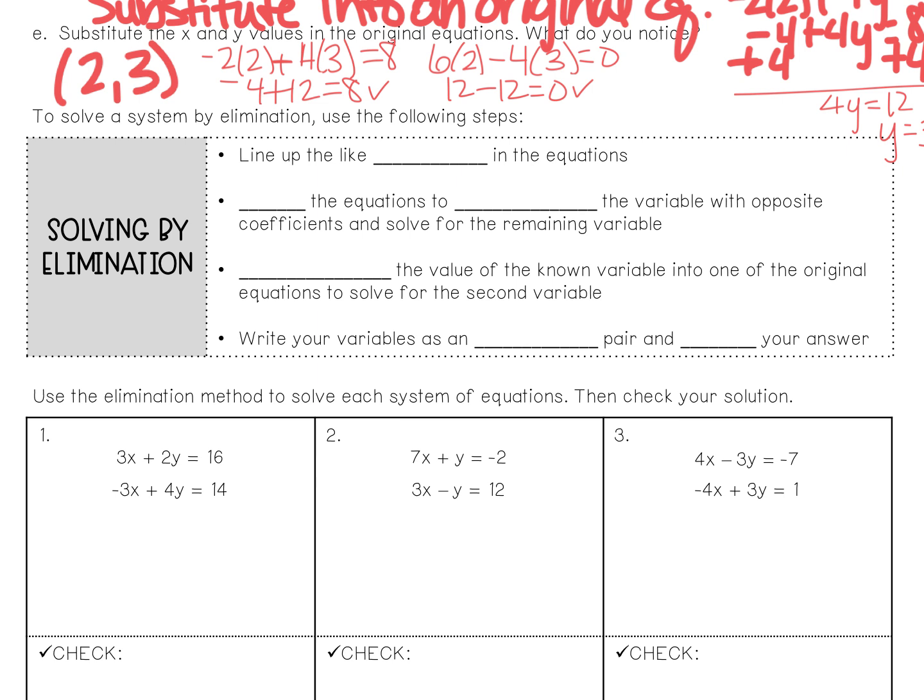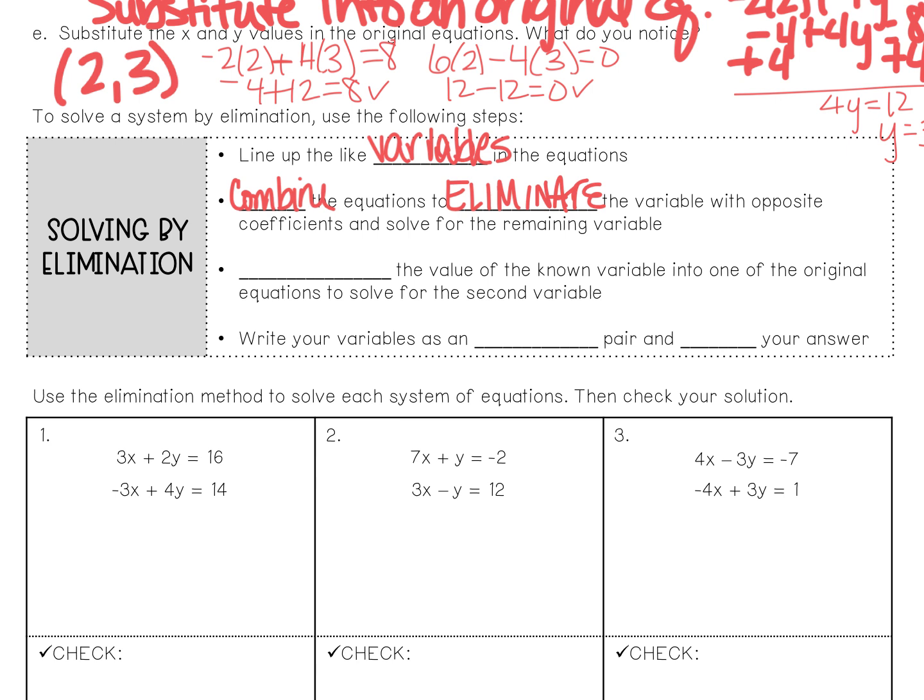So in order to do elimination, we are going to line up our like variables. If they don't already line up, we're going to need to make them line up. We're going to combine, so we're either going to add or subtract, and the goal is in fact to eliminate a variable with the opposite coefficients.